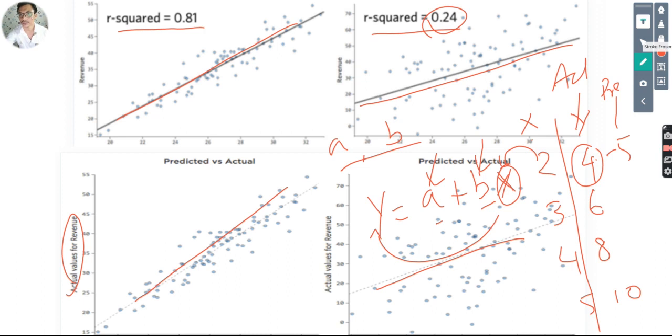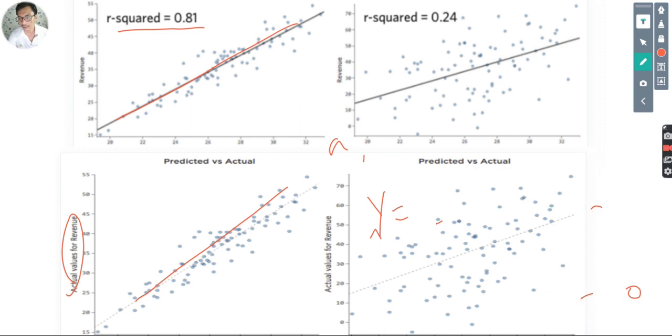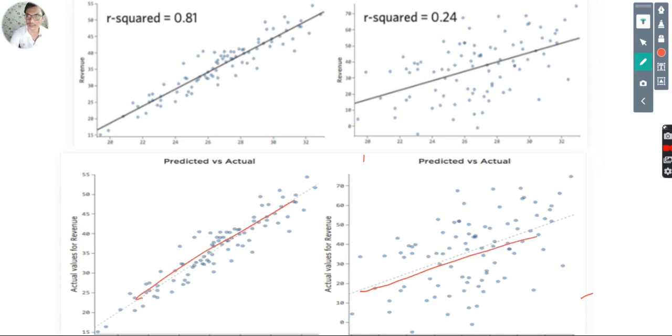But all the time it is very difficult to plot again and draw the graph like this. So we have a way to explain how the actual value and predicted value fit the model.